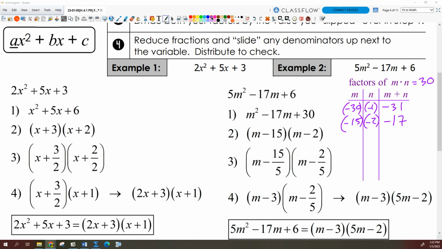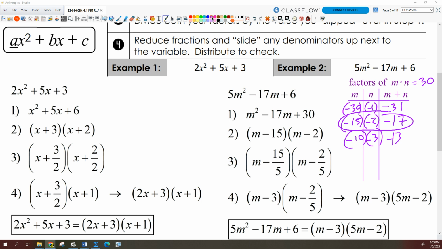If I kept going and did negative 10 and negative 3, I passed it by. The numbers got too small. The wider apart the numbers are, the bigger the sum is going to be when I'm finding factors. So this was the winner. You see the point I'm making there?